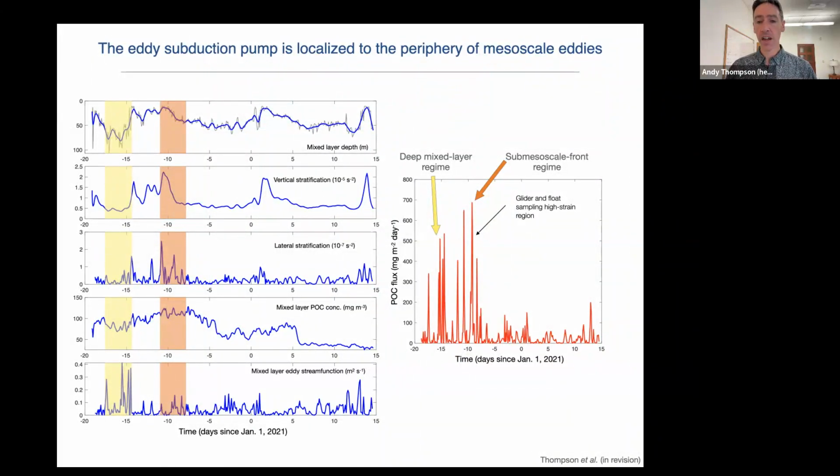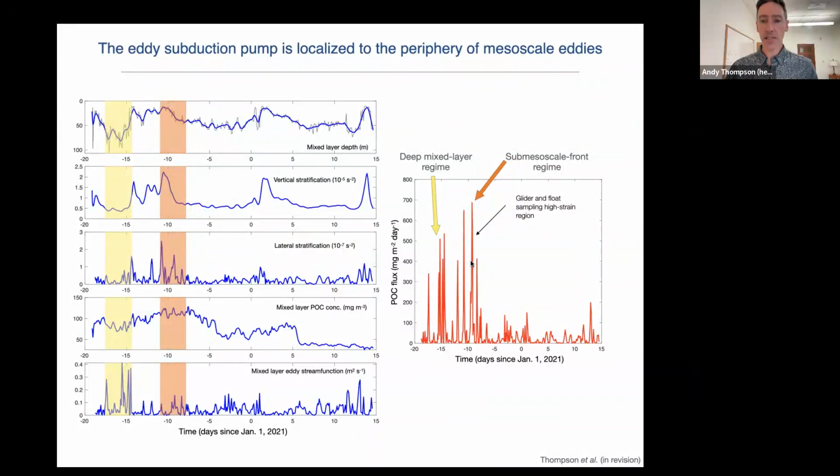But interestingly, even when we have these different peaks, they seem to be associated with slightly different regimes. So early in the deployment, we had deep mixed layers, which are typically associated with more vigorous submesoscale motions. But even around day -10 to -5 here, we estimate a strong flux from the eddy subduction pump, even though the mixed layer is relatively shallow.